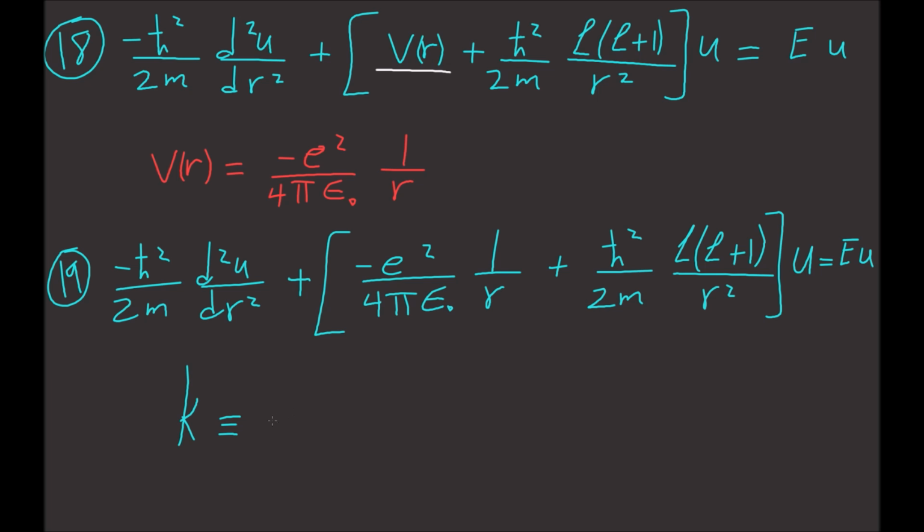k is going to equal the square root of minus 2 times mass times E divided by h bar. So we're going to take equation number 19 and divide by k. Let's try to do that.